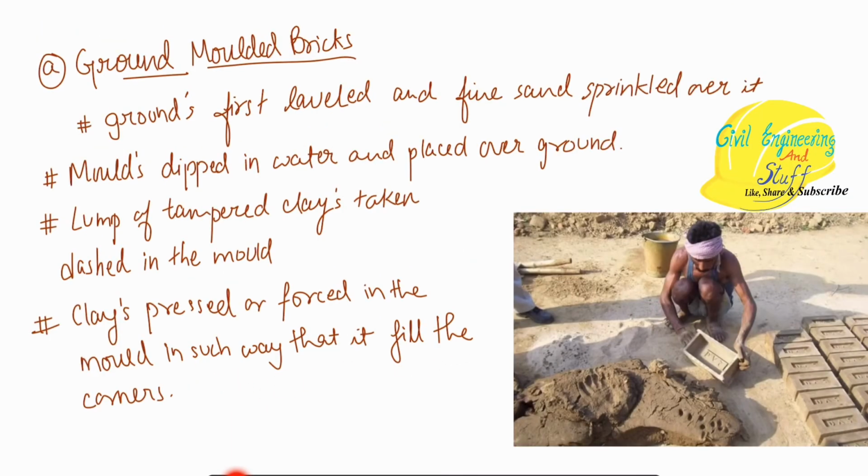So ground molded bricks are basically, as the name suggests, made with everything done on the ground, right? So the person takes the prepared clay material, puts it into the mold and compacts it, and after that the final product of bricks is obtained, right?